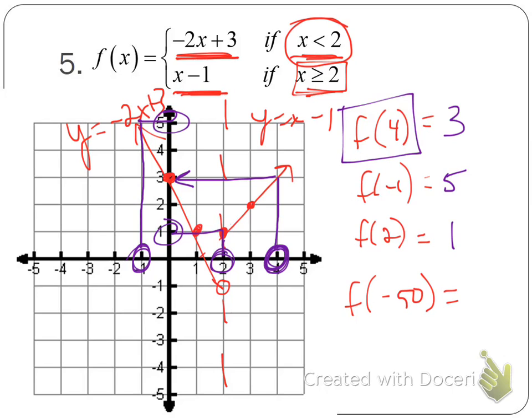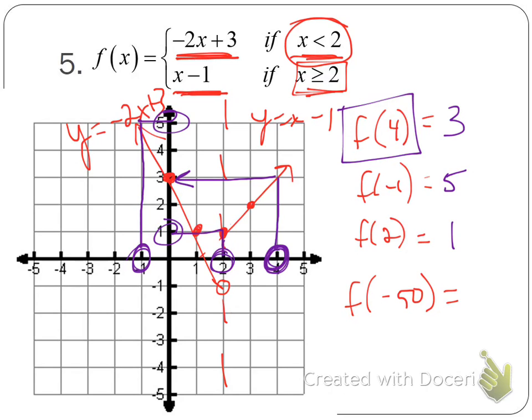Okay? Now, f of negative 50. Here's a bit of an issue because negative 50 is not on the graph. It's not part of our graph. So we need to move to f of negative 50, but we can't. What we do is we try to find out which part of the graph negative 50 on the x-axis would be, and then just use that equation to evaluate it.